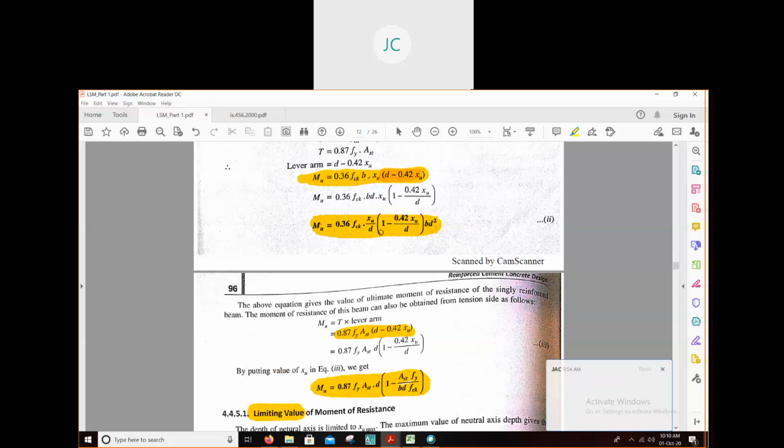For over reinforced section, if you have to find out moment of resistance, we know that we have to use equation number 2. But my question is, in equation number 2, do we need to modify this equation or directly can we use it?